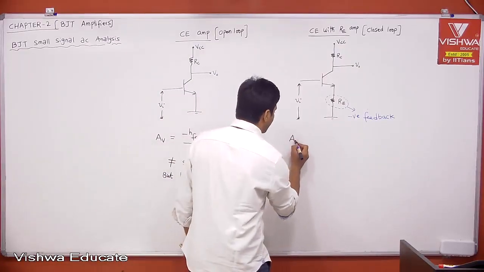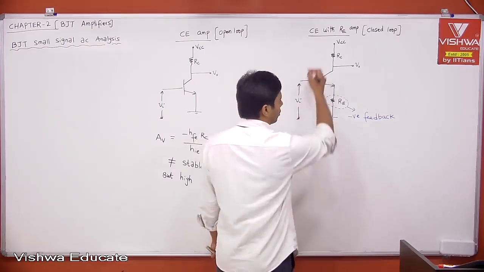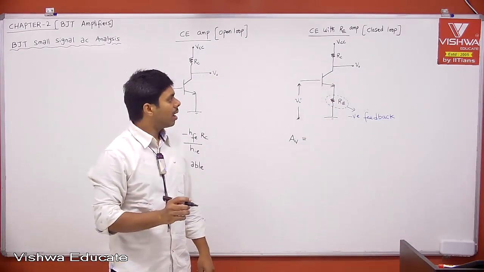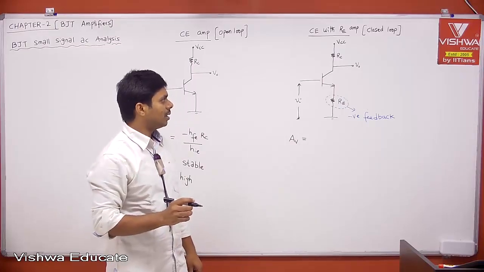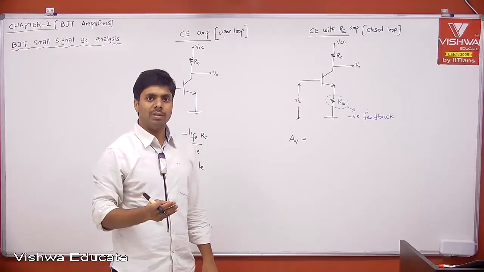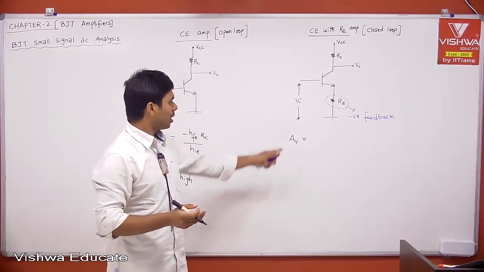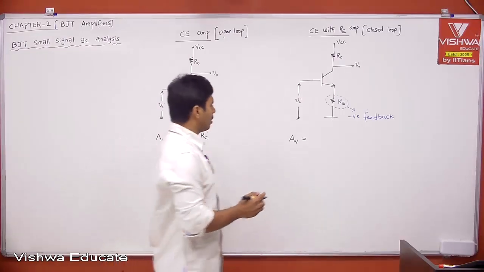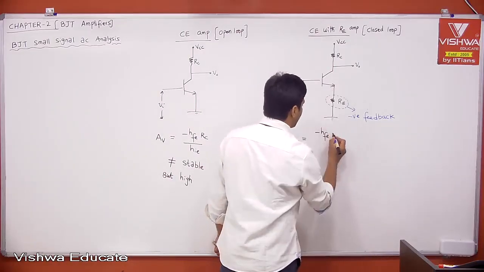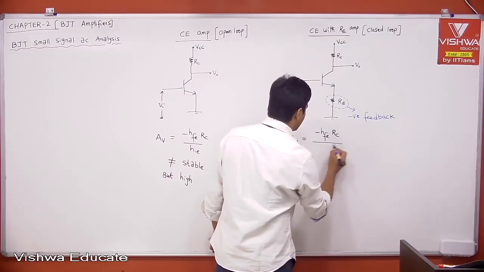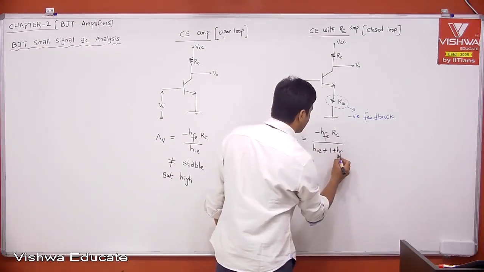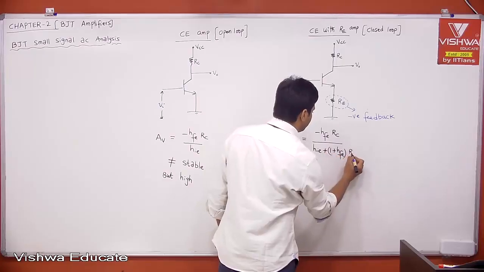This is nothing but the voltage gain AV, which we solved using the simplified H parameter model, and we calculated V naught by Vi. Actually, we calculated all AC parameters, voltage gain, current gain, input impedance and output impedance, but we are looking only for voltage gain. Therefore, AV is equal to minus HFE into RC divided by HIE plus 1 plus HFE into RE.